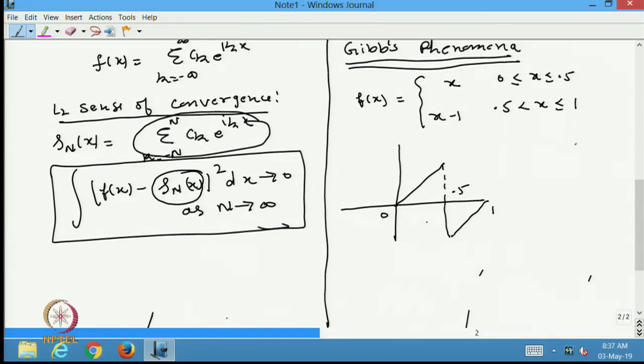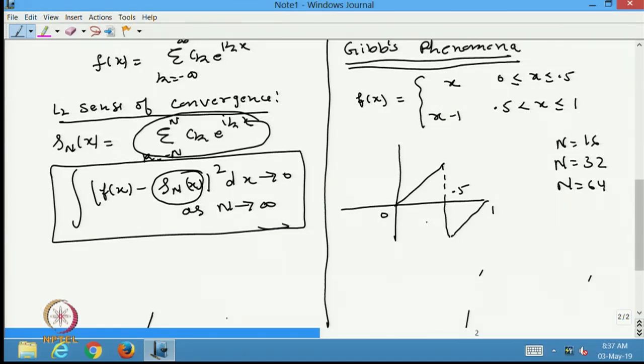So, for different values of n, n equal to 16, I can try n equal to 32, n equal to 64. You can also implement that in MATLAB by Fourier approximations.